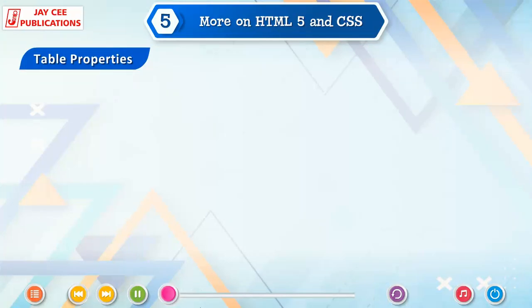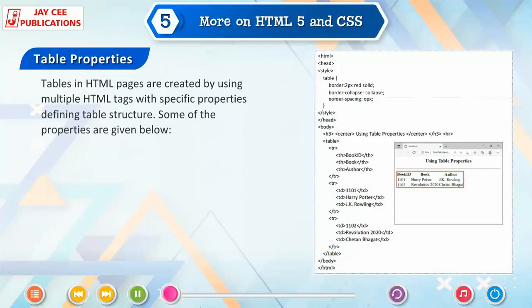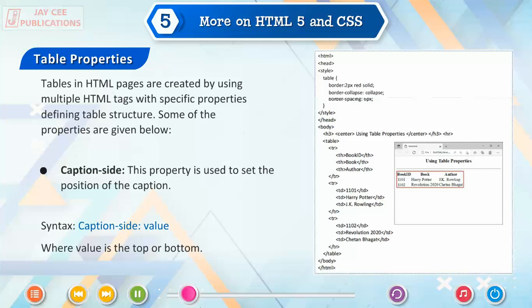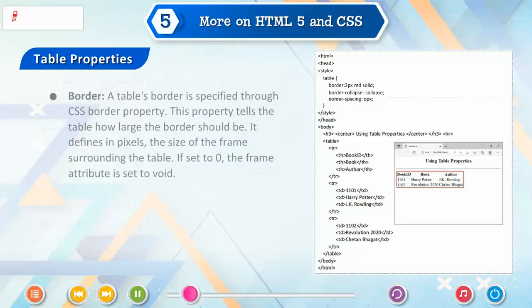Table properties. Tables in HTML pages are created by using multiple HTML tags with specific properties defining table structure. Some of the properties are given below. Caption side. This property is used to set the position of the caption. Syntax: caption-side: value, where value is top or bottom. Border.